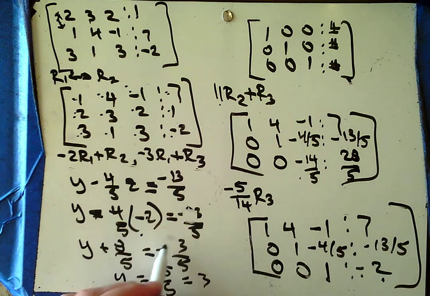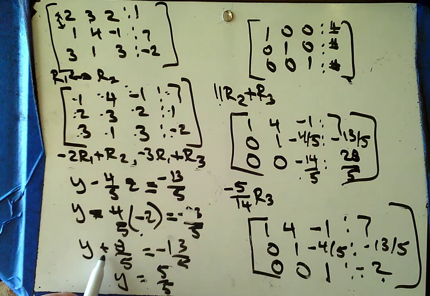There we go. Okay, and so now I end up with 5 fifths. Negative, no, because I'm going to subtract. Sighing.